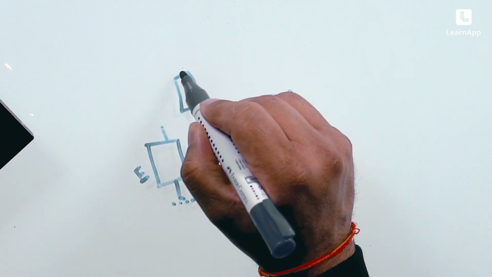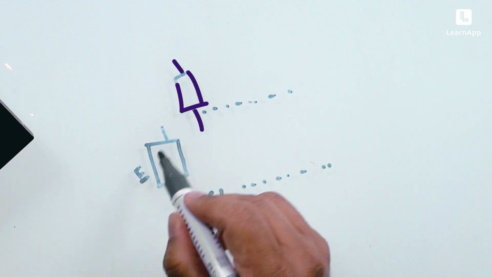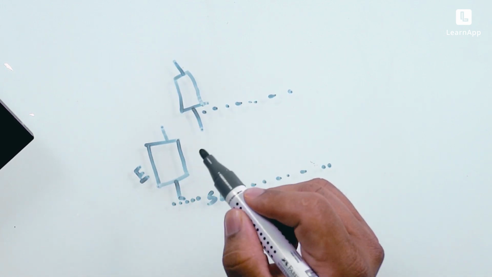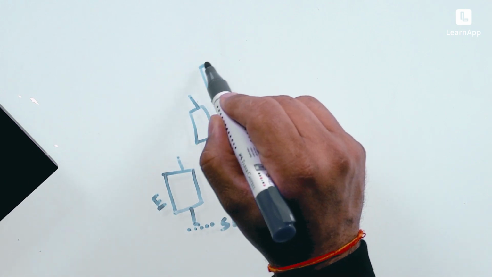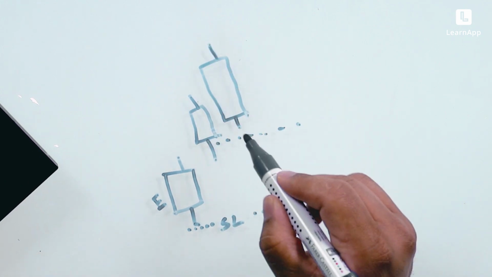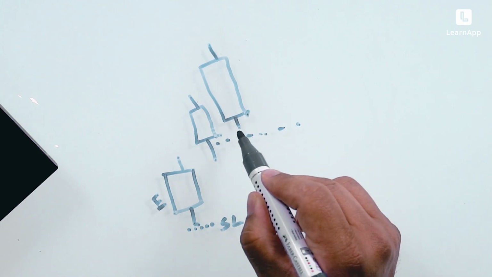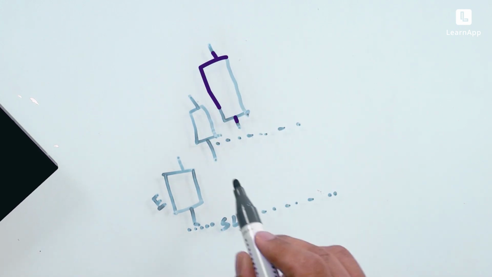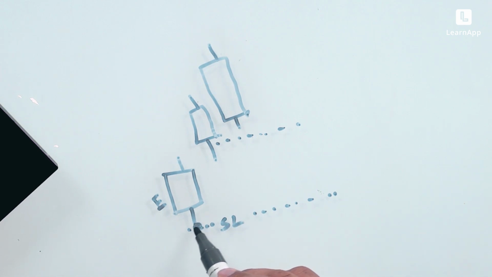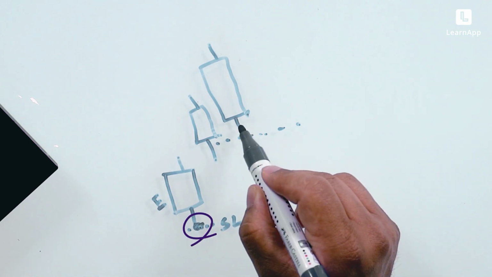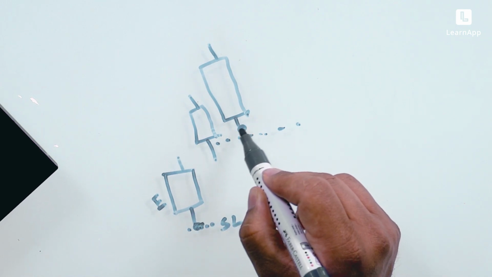This candle is within the range of our entry candle. We wait for another candle to form. Now this particular candle is completely outside the range of our entry candle. Now we move our stop loss from here, our initial stop loss, to the low of this candle.